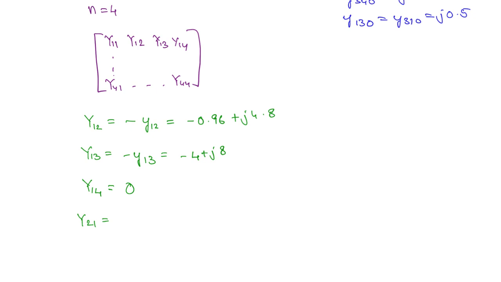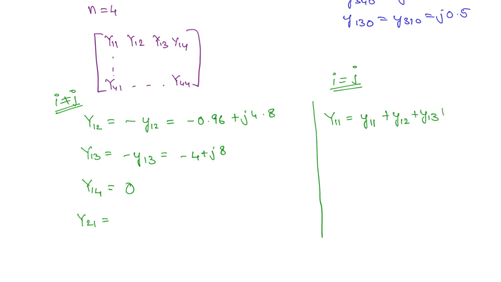Now we will see the diagonal elements. This was for i not equal to j. Now what about i equal to j? Y11 will be equal to all the admittances that are connected to bus 1. So this is y11, the ground admittance, which we will see, plus y12 plus y13 plus y14.